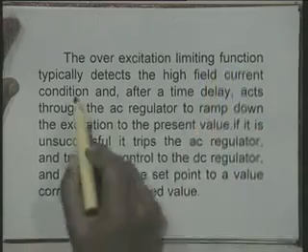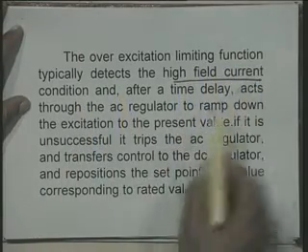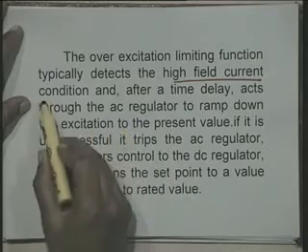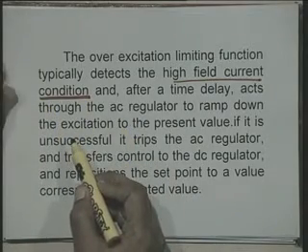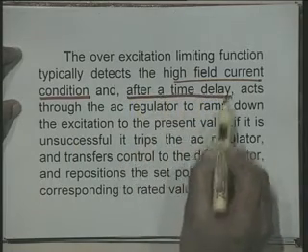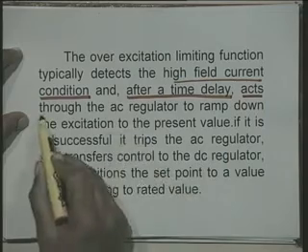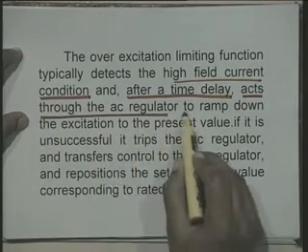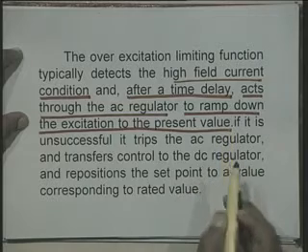The overexcitation limiting function typically detects the high field current condition, and after a certain time delay acts through the AC regulator to ramp down the excitation to the rated value.